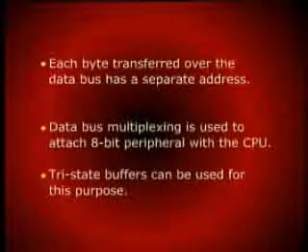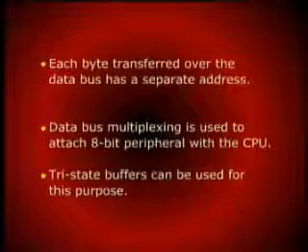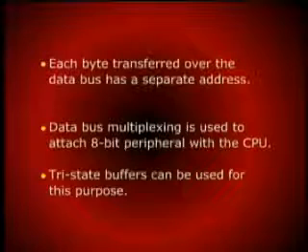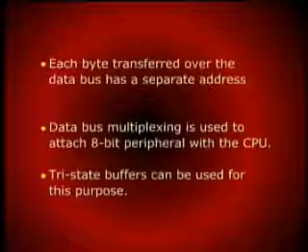Each byte transferred over the data bus will have to have a separate address associated with it. For such CPUs, data bus multiplexing can be used to attach 8-bit peripheral devices requiring a block of addresses.